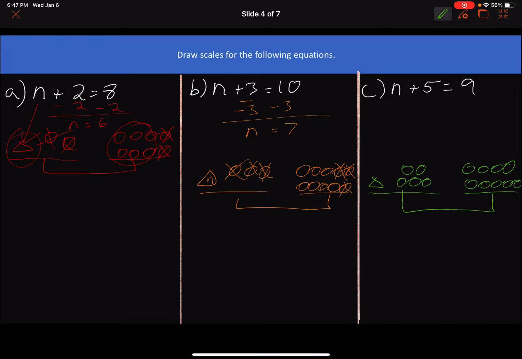Now, I am going to work backwards, so we're undoing what we did. I'm subtracting the 5, so the n is going to be equal to 4. Getting rid of the 5 here and the 5 there, the n is equal to 4.